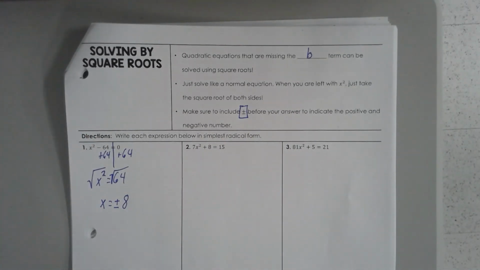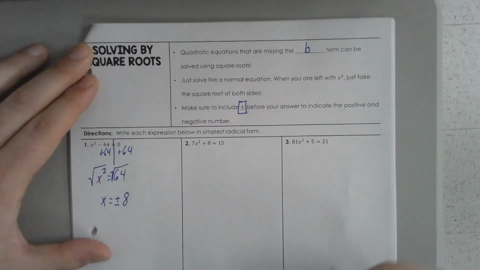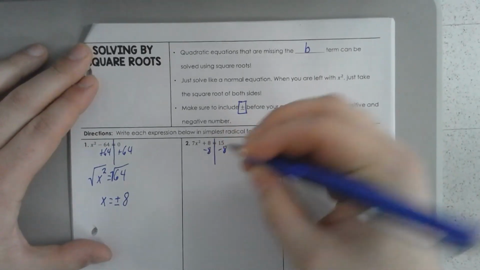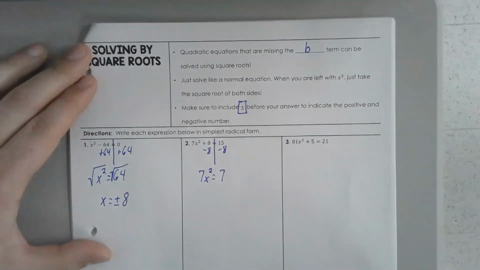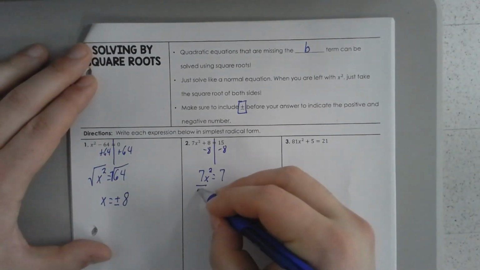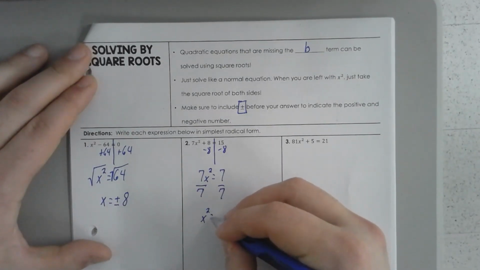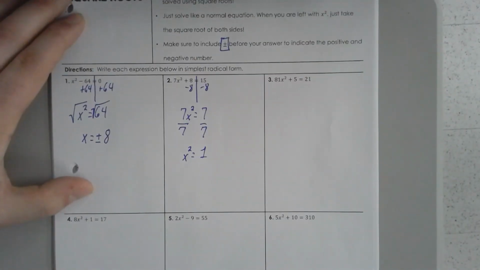Alright, number 2, how do we get x on its own? Minus 8. Minus 8. 7x squared equals 7. Divide by 7. x squared equals 1.